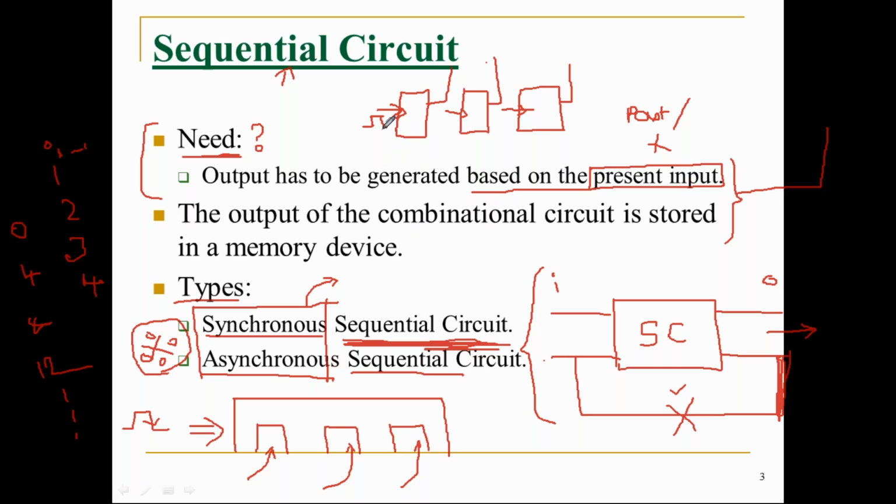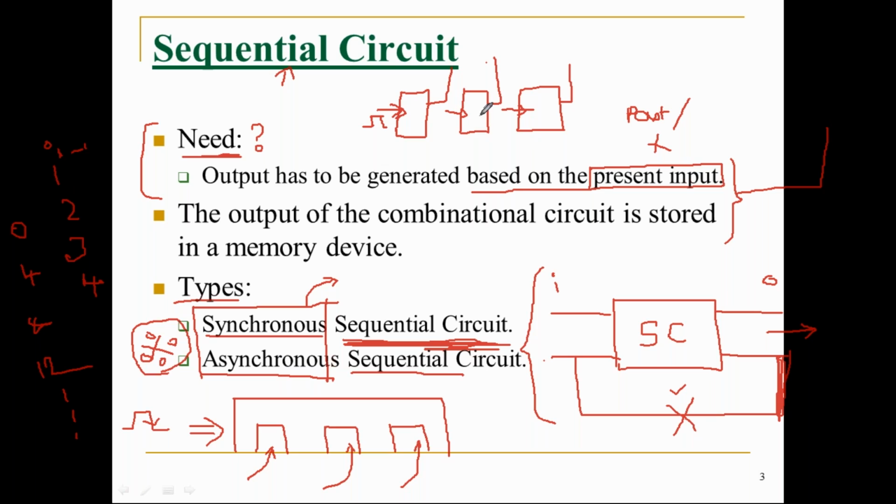So I apply only one pulse to the first flip-flop. Then the second and third flip-flops will get the clock input from the output of the previous flip-flop. So I think you can get a clear idea about synchronous and asynchronous.